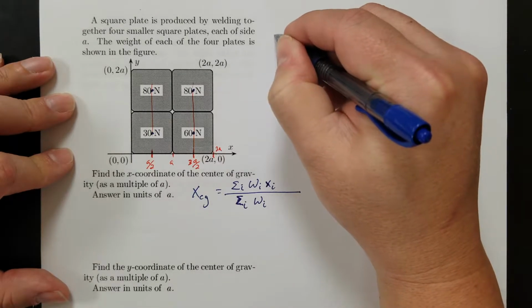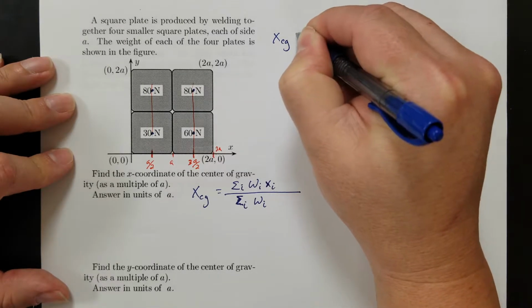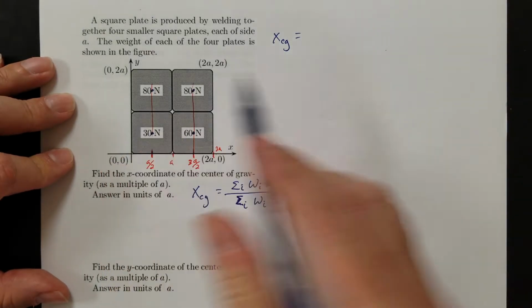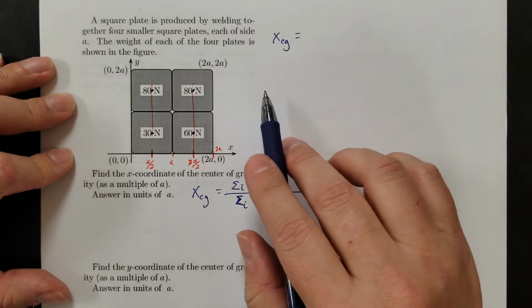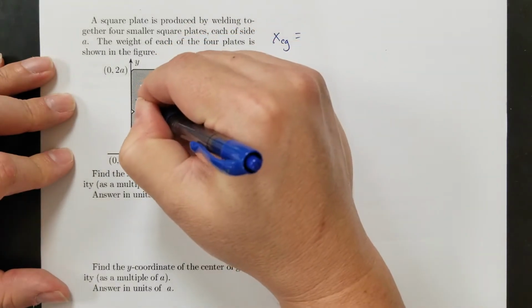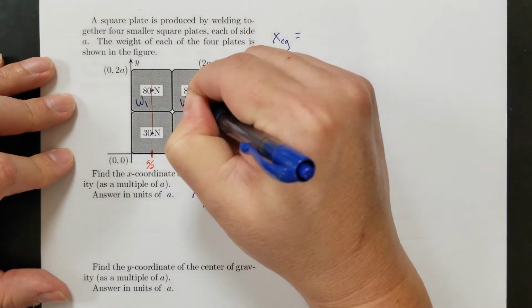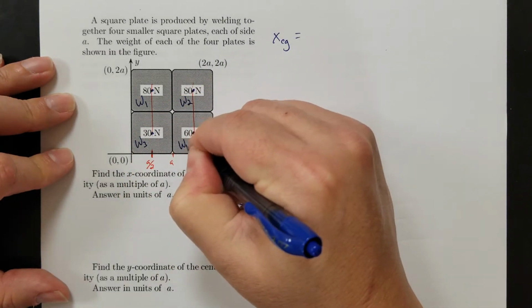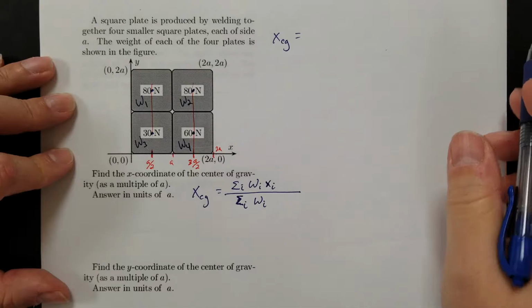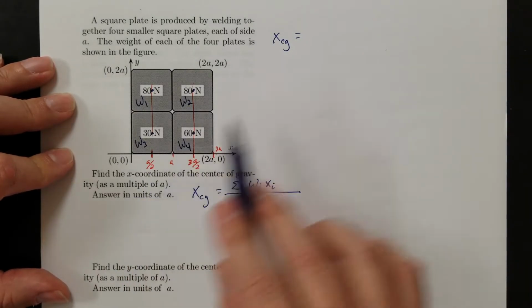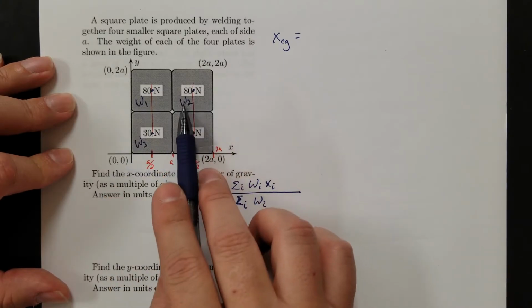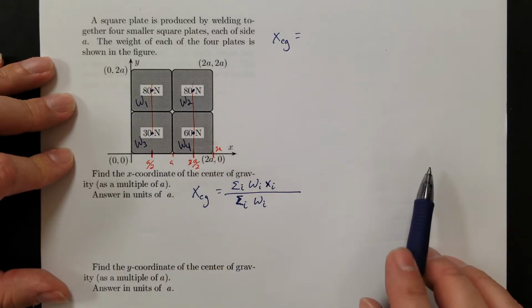To make this easy, I'm going to call this W1, this one W2, this one W3, and this one W4. Instead of using my numbers, I'm using a variable. So 80 is weight 1, 80 is weight 2, 30 is weight 3, 60 is weight 4.